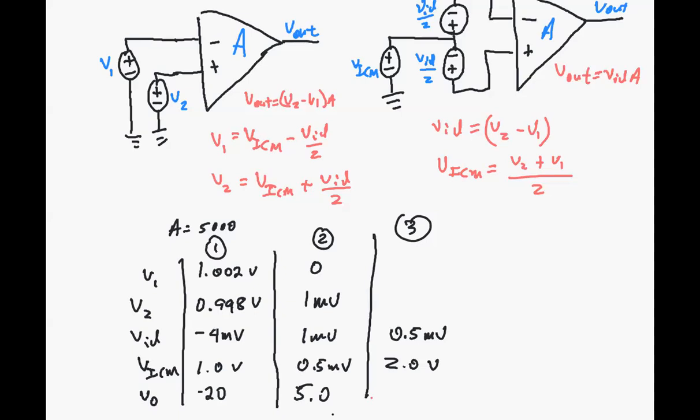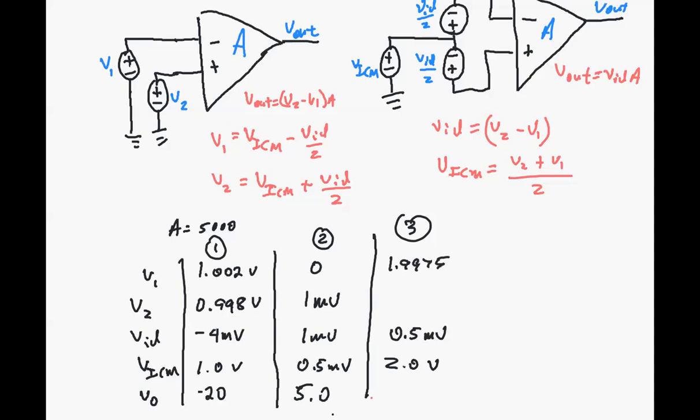Well, what is V1? V1 is VICM minus VID over 2. VID is 0.5 millivolts, so half of that gives us V1 is 1.9975 volts.